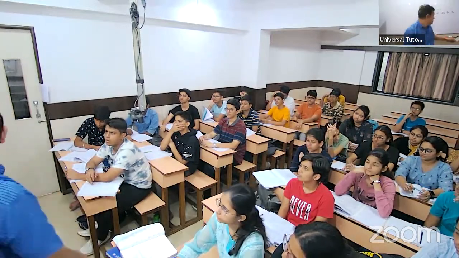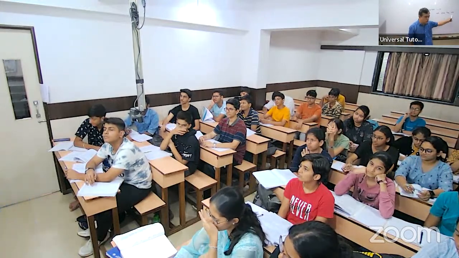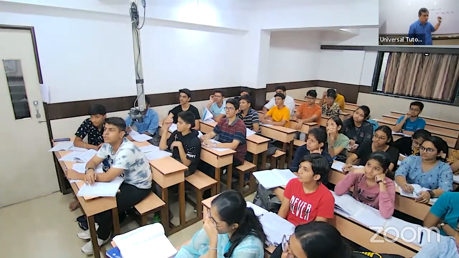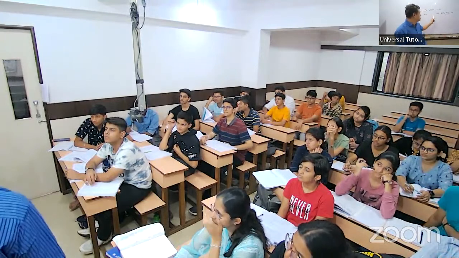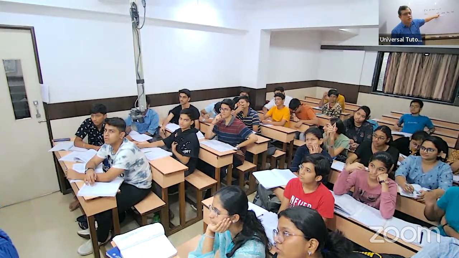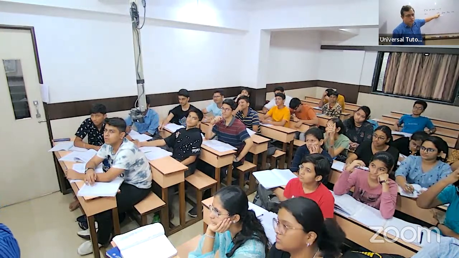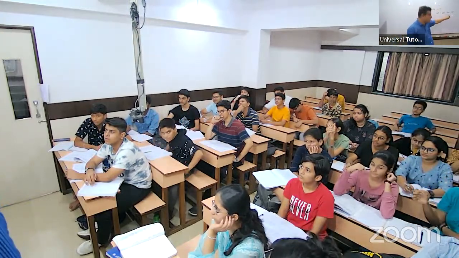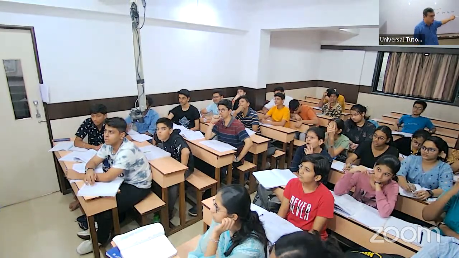Now, this is which value? Market value. Next, in these two cases, you can see the market value is more than the face value, and in this case it is less, and this one is equal.